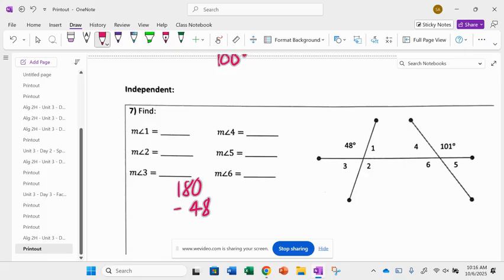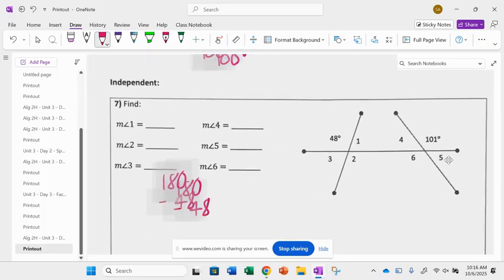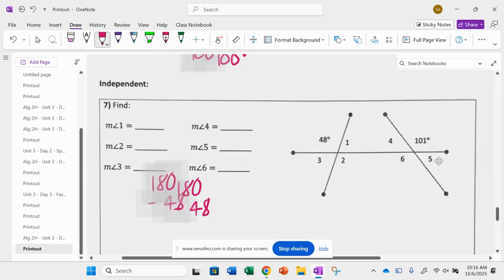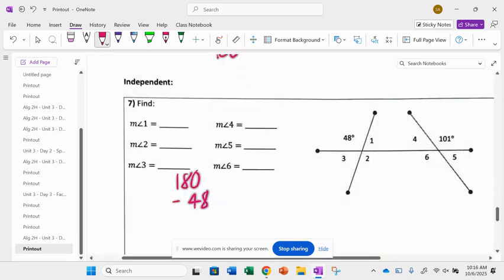It's not angle 5, yeah. I can't read what it says. Oh, angle 4? It's angle 4 is 79.